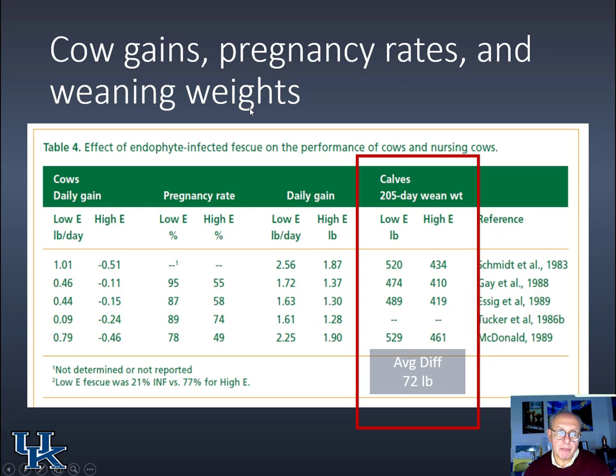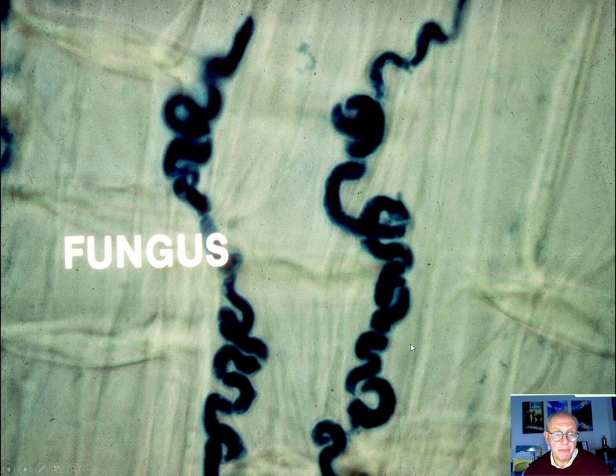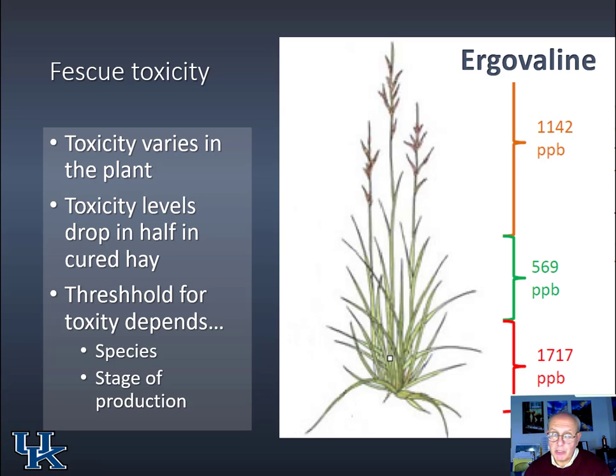So in terms of the sellable product off of an acre of infected tall fescue, you see a change in weaning weights. The difference summed across these studies is 72 pounds per calf as a 205-day adjusted weaning weight. So there's the fungus.